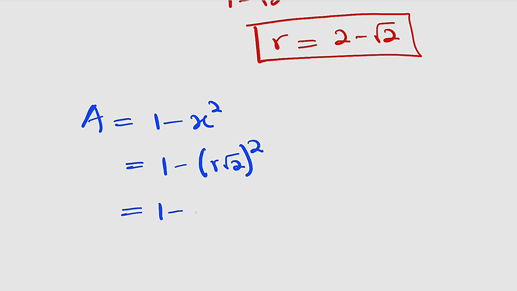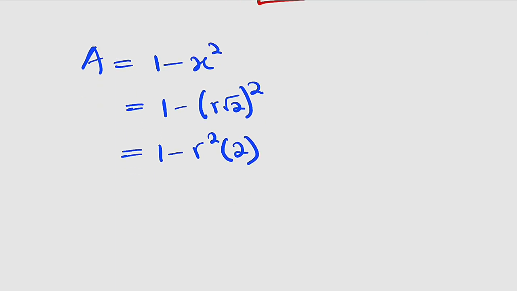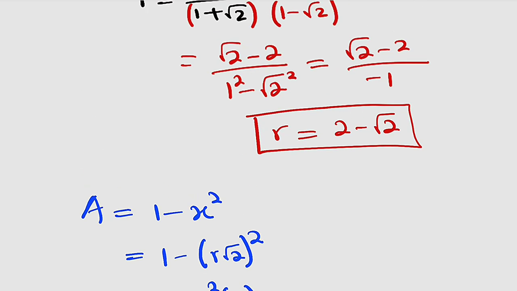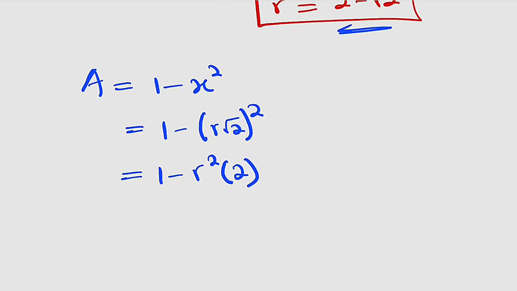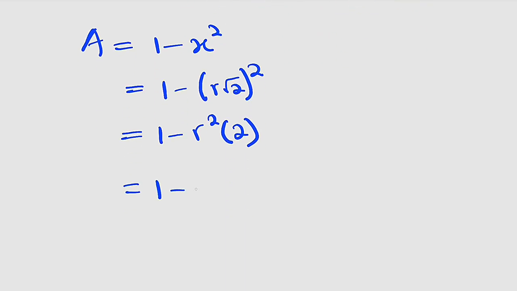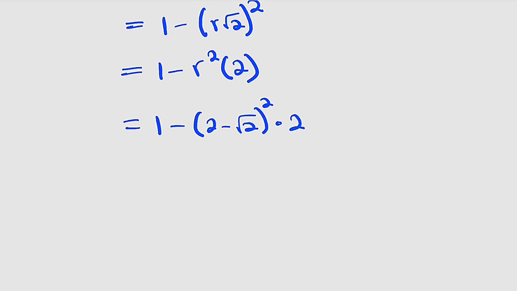This is equal to 1 minus r squared times root 2 squared, which is 2. So what is r squared? Remember, we have just obtained r, so we need to plug it back here. 2 minus root 2. So this is 1 minus 2 minus root 2 all squared, then multiplied by 2.